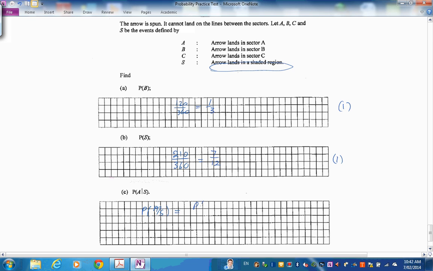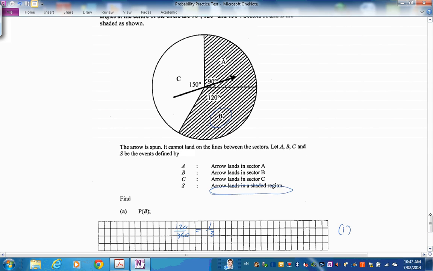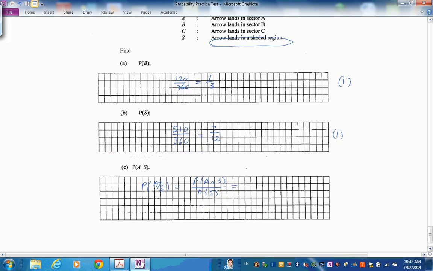So that's a probability of A intersection S over the probability of S. And the intersection, just looking at it back up here, the intersection of A and S is A itself here, because it's contained within S, and so this is a quarter.